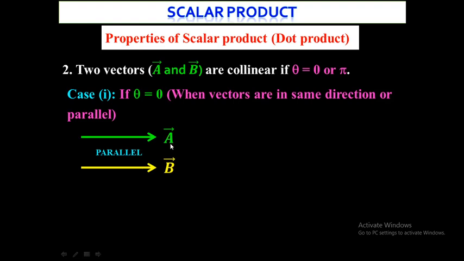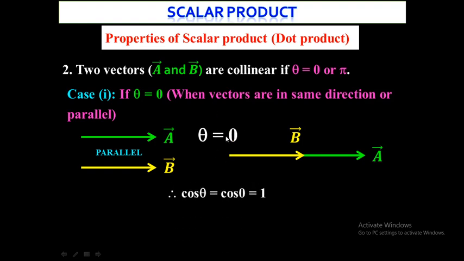Suppose these are the two vectors, vector A and vector B, represented by the green and yellow colors, and suppose those vectors are parallel, along the same line in the same direction. It means the angle between them is 0, so theta is equal to 0 degrees.